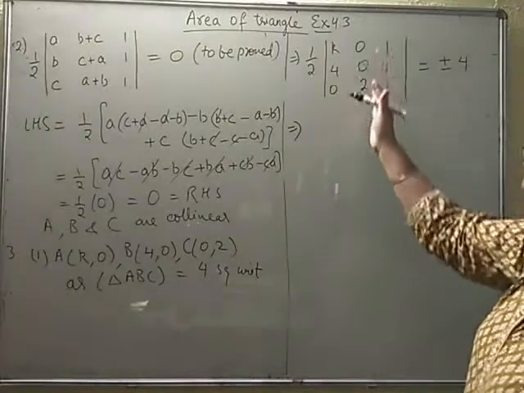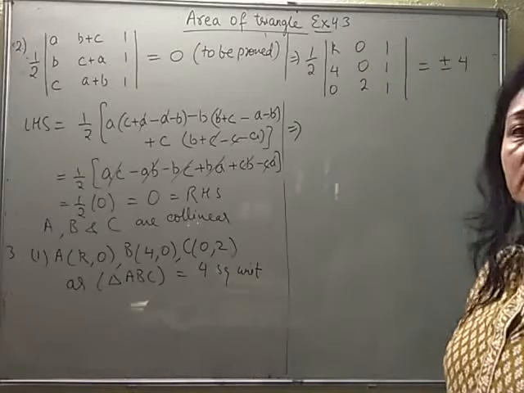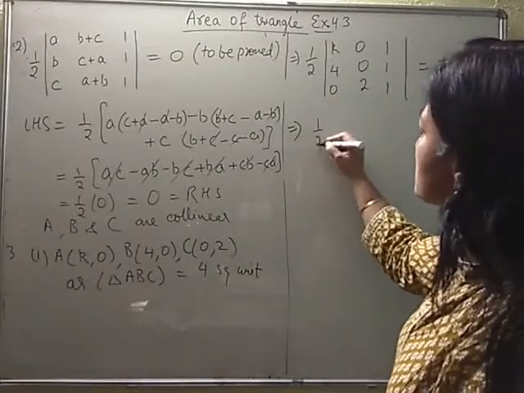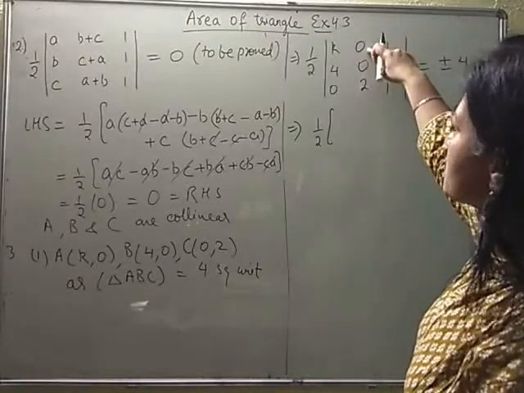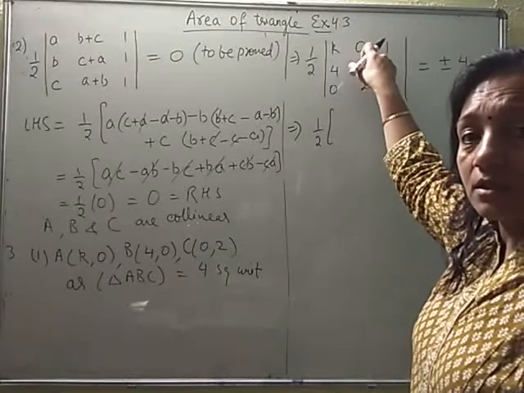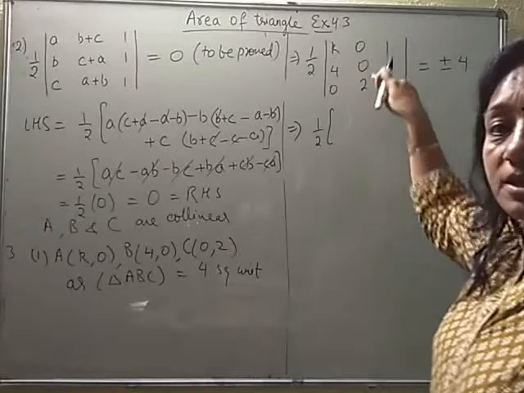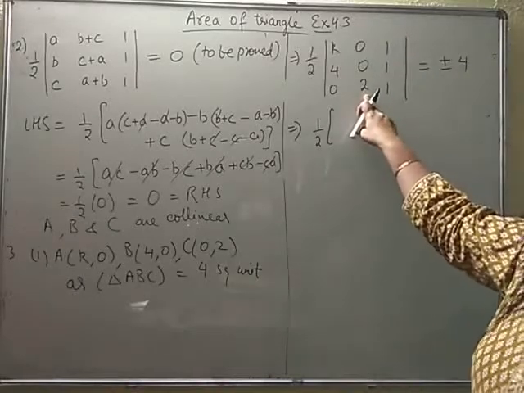Let us expand it through the second column. You can see 2 of the elements are 0, so only the third part we need to solve. Its position is 1, 2, whose sum is giving odd, so this multiplies with minus 1, this will multiply with plus 1, this will also multiply with minus 1.